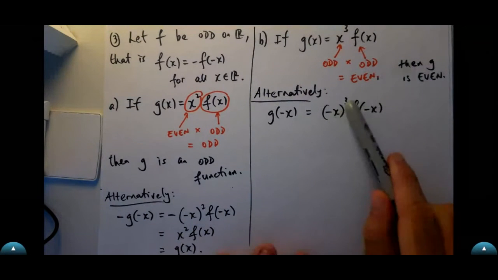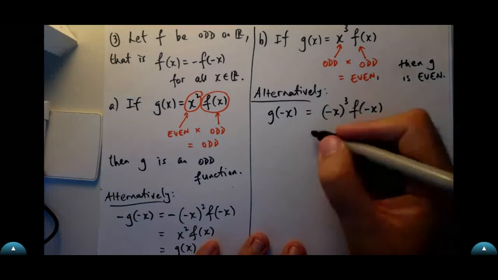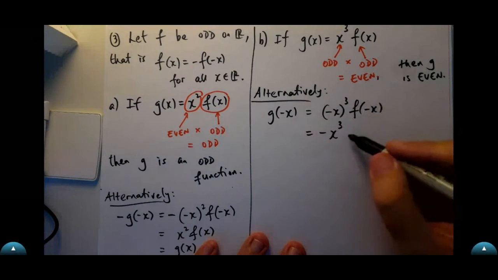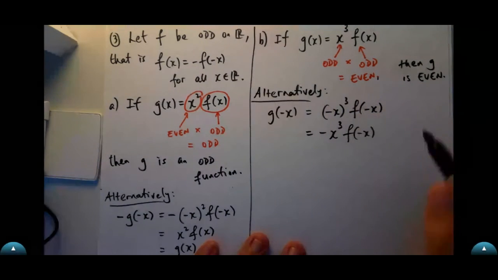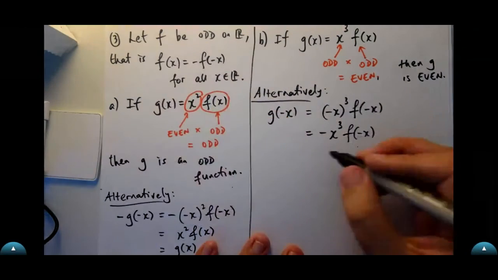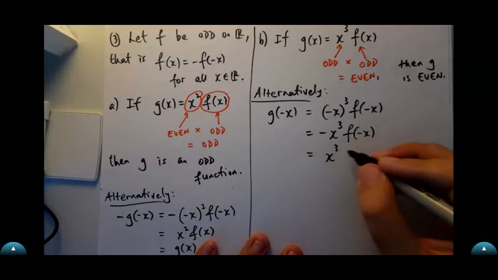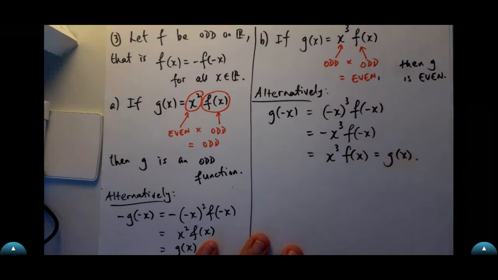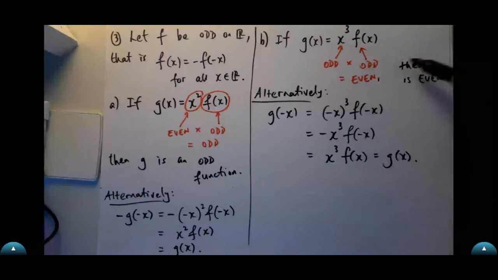Okay, so this is going to be negative x cubed, and negative f of negative x equals f of x. All right, so we reach the same conclusion. Okay, so that's pretty easy, right?